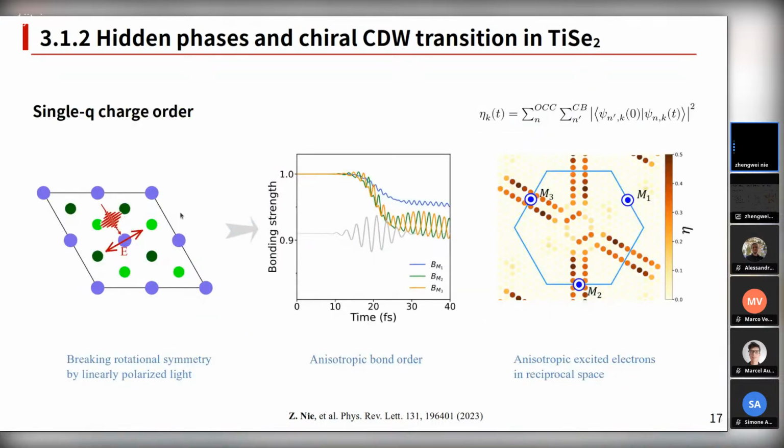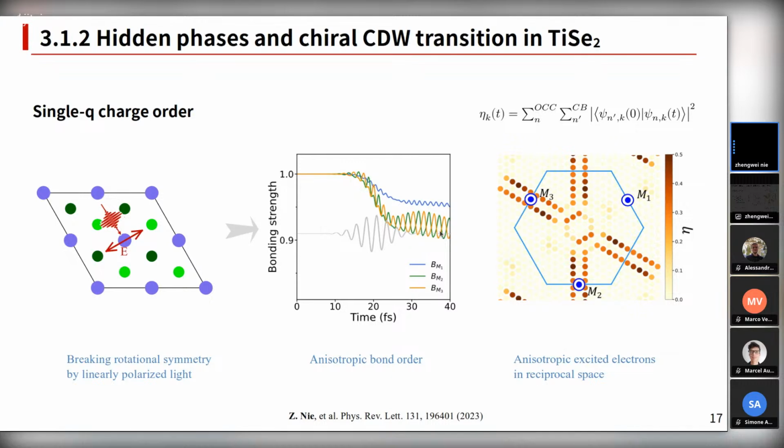A straightforward idea is to use a linearly polarized light because the polarization will break the intrinsic symmetries of the material. Upon excitation, I calculated its bonding strength. We can see that the covalent bonds are weakened by the excitation.